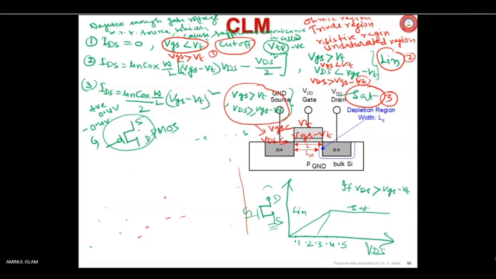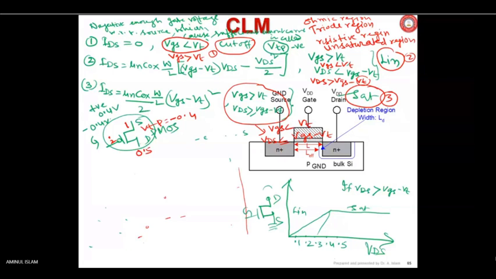So I'm putting the values here: 1 volt, 0.5 volt, 0.2 volt, and VTP is minus 0.4 volt. Tell me what the region of operation is, then we'll switch off your class today. Could you understand?